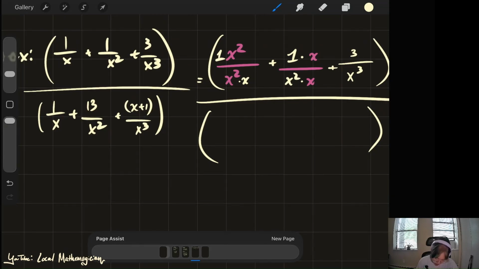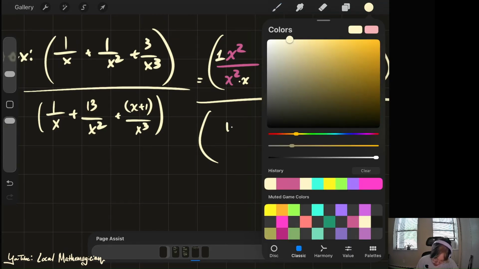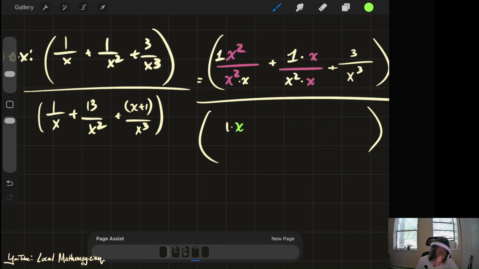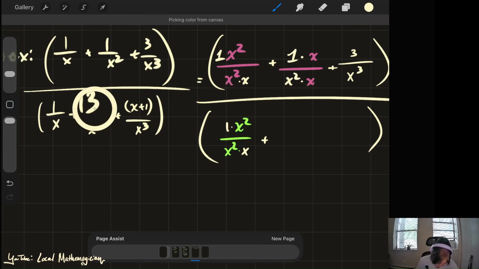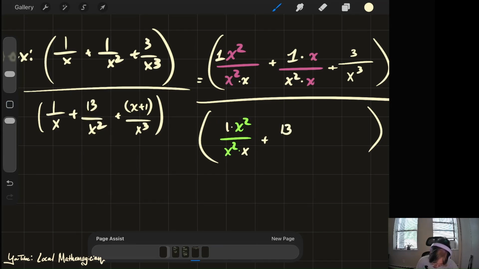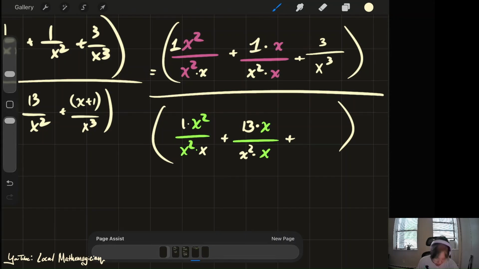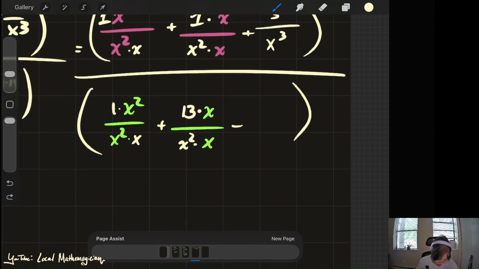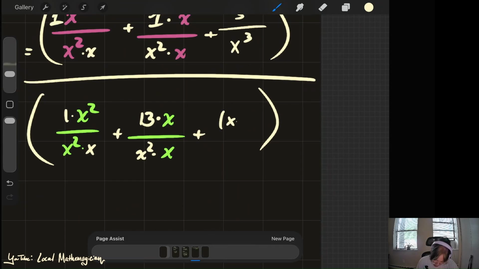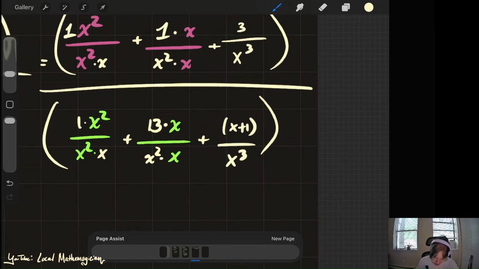This will give me 1 times x squared over x squared times x plus 13 times x all over x times x squared, right? We just inherit that. Plus, it's already x cubed, we'll just leave it alone. x plus 1 over x cubed, okay?